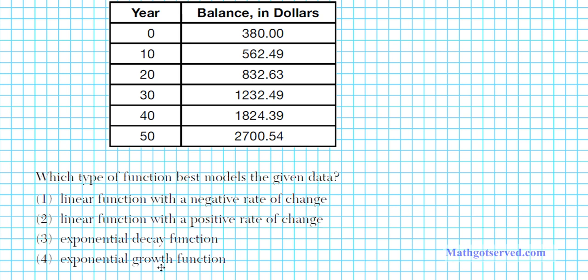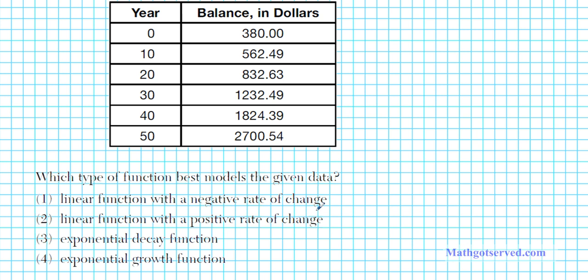All right, so let me classify how these four options behave, and then we're going to see which of the descriptions match this data set that we have in the table above. What does it look like when you have option number 1, a linear function with negative rate of change?